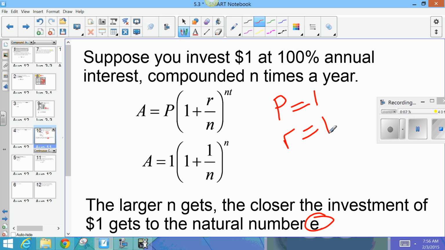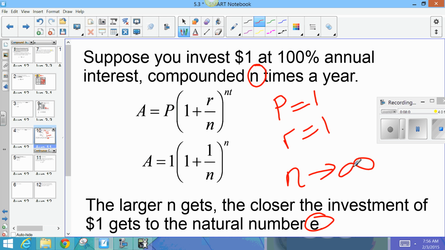Oh, hold on, we're not plugging in 1 for n. What we want to do is consider that compounding is going to happen continuously. So in other words, instead of compounding every day or every hour or every minute, it's happening an infinite number of times per year.